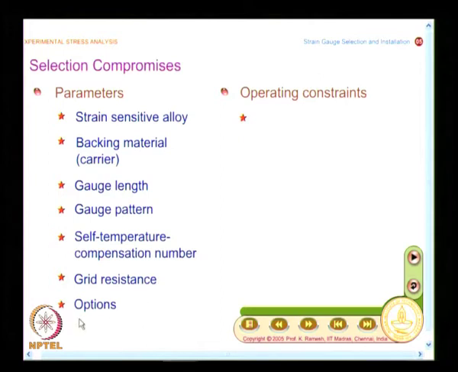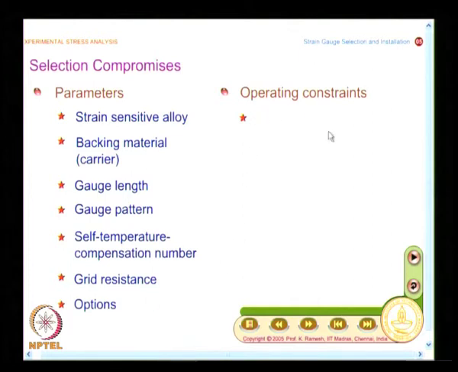And finally, I will also have to select options. We said in one of our earlier applications, we used Karma alloy for improving the stability, and one of the basic difficulties in Karma alloy is that it is difficult to solder the lead wire. So, you can go for the option of pre-attached lead wires from the manufacturer.